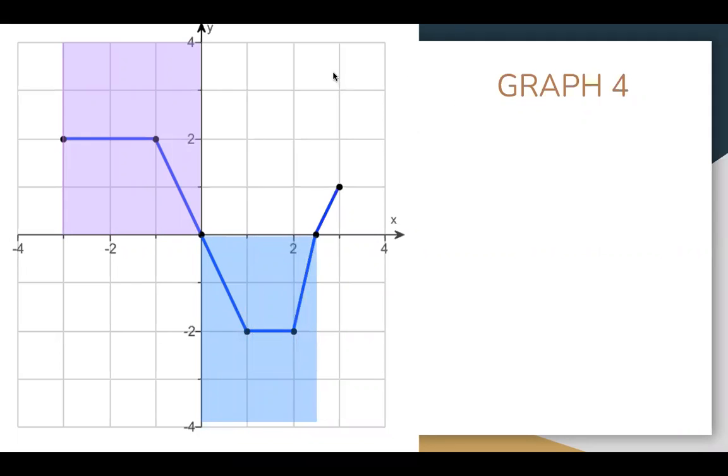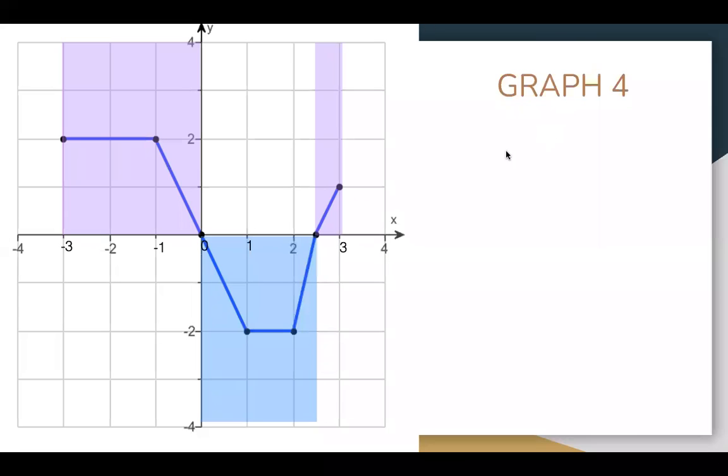Switches back to positive. So if it helps, I'm going to put these numbers in. Center is always 0, -1, -2, -3, 1, 2, 3.